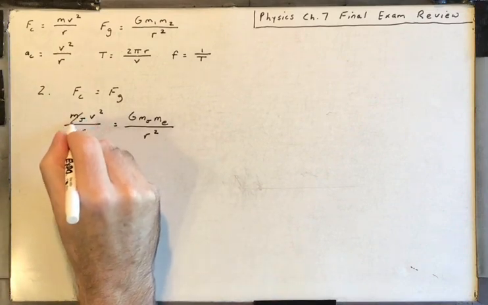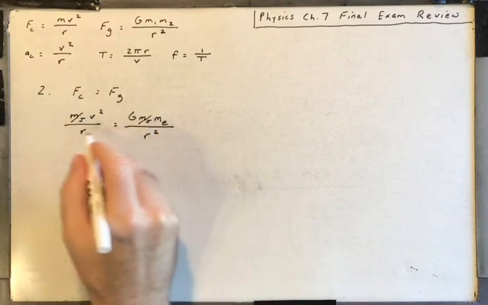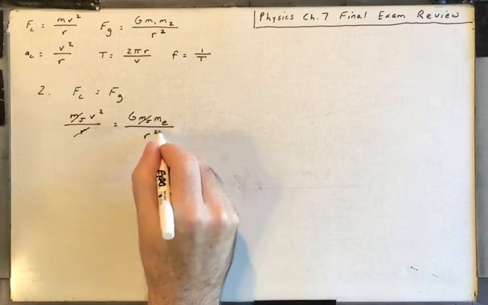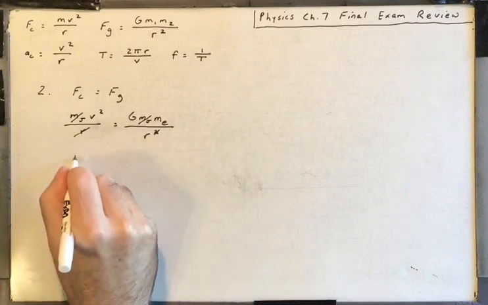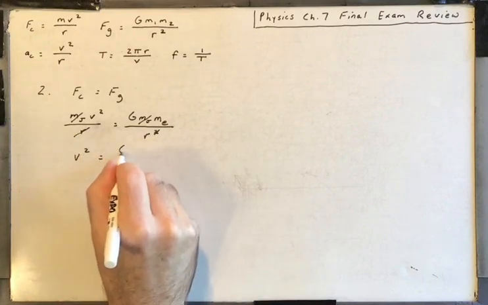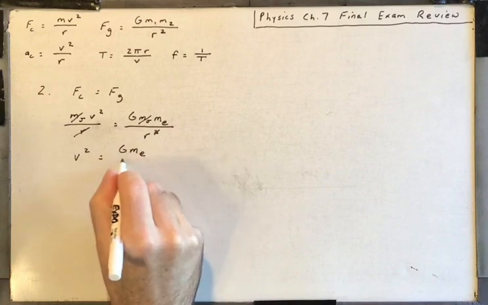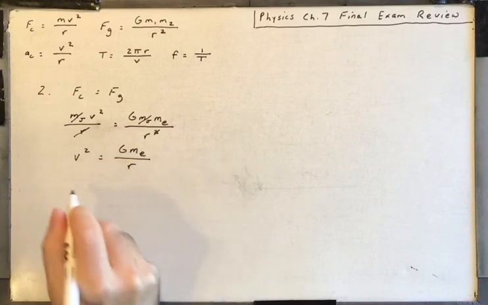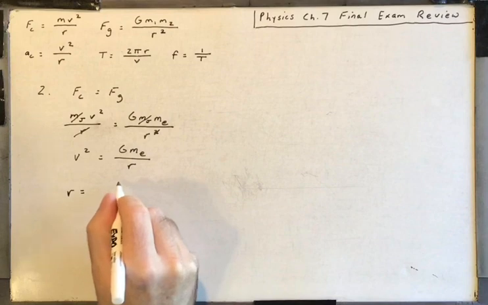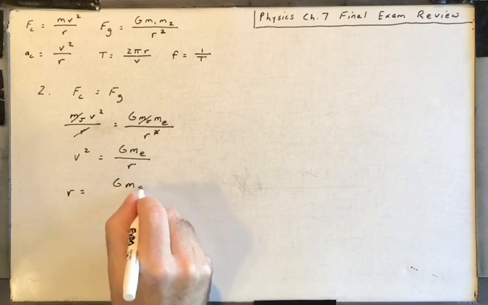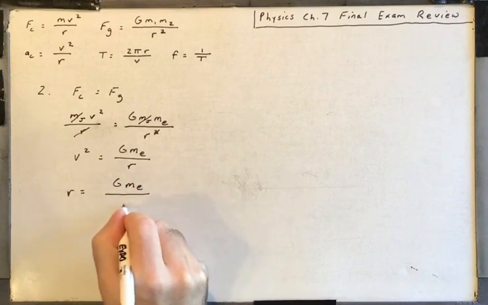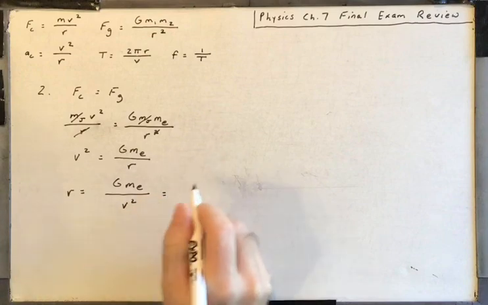All right, the mass of the junk cancels out. One of the radius cancels out. So we'd have v squared is equal to G times the mass of the Earth over r. So the radius is going to be G times the mass of the Earth over v squared.